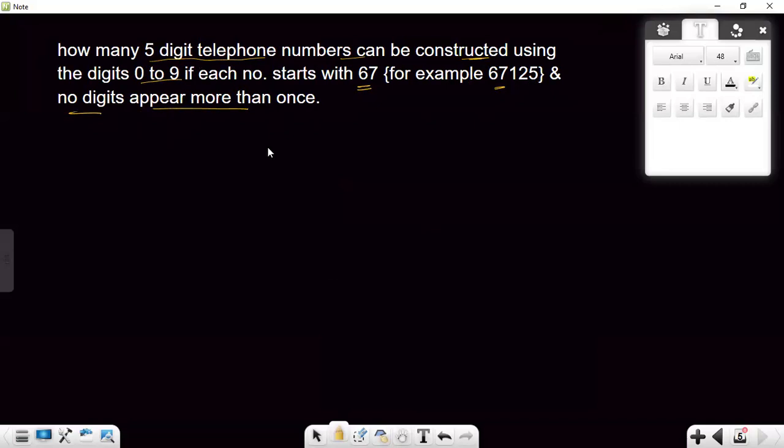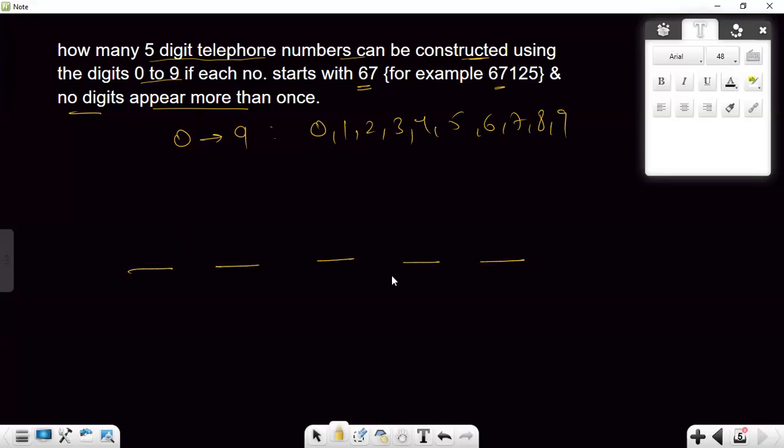So repetition is not allowed. We have all the digits from 0 to 9, basically 0, 1, 2, 3, 4, 5, 6, 7, 8, 9. It is a 5-digit number.